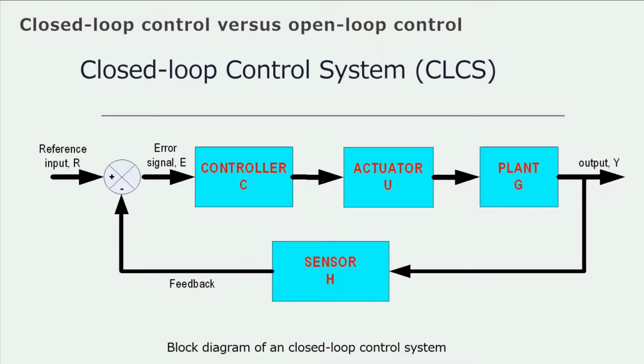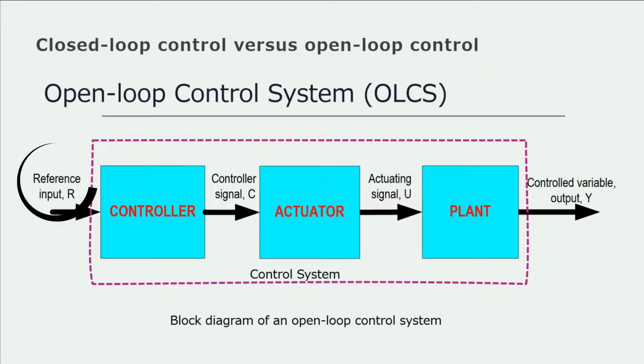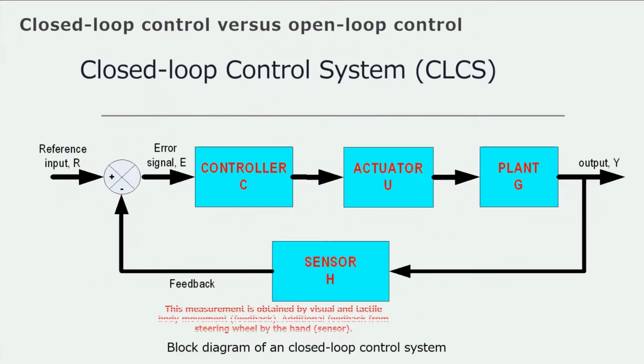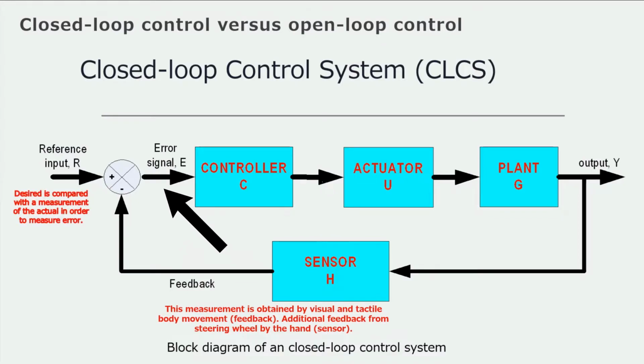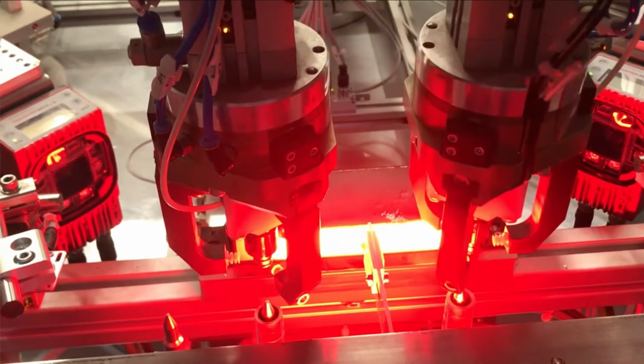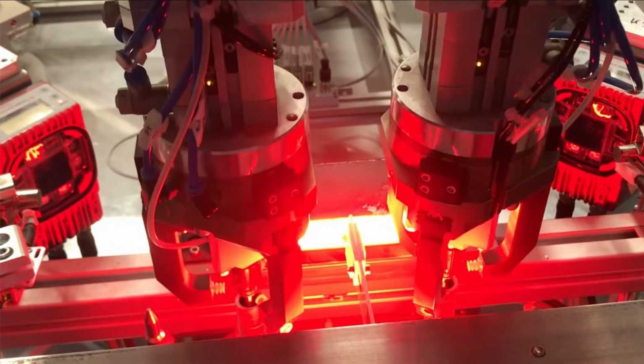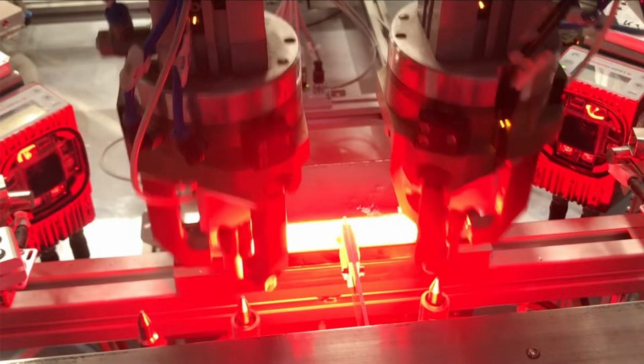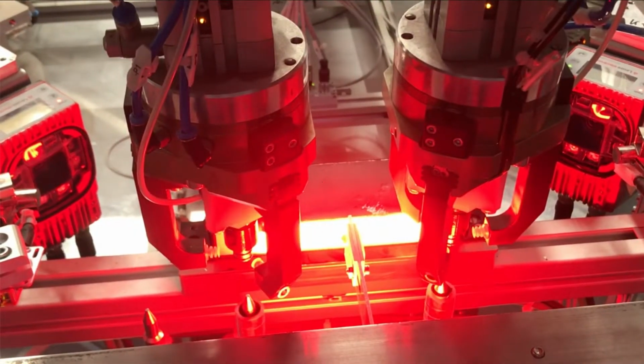The error is used by the controller as an input, different from the open loop control system, which uses the reference as an input. In closed loop control, the error is the input, then the controller regulates and calculates what the input should be for the actuators or devices to trigger the plant. That's the whole thing I can say about the CLCS.